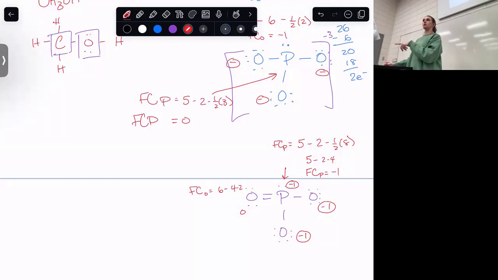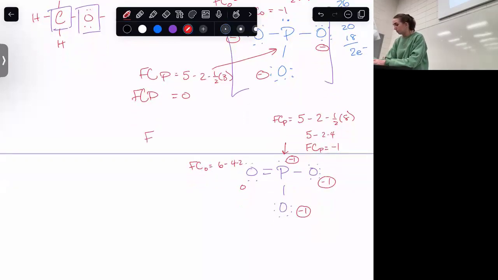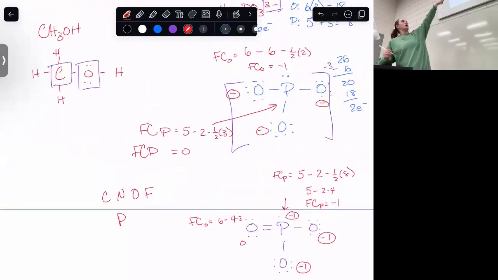What's more electronegative, the oxygen or the phosphorus? Oxygen's more electronegative because it goes fluorine, oxygen, nitrogen, carbon, and then phosphorus is down here. So it's a little bit farther away from fluorine than oxygen is. So since oxygen has 0 and phosphorus has -1, this is not following that rule where the more electronegative atom needs to have that negative charge. So that's why this top structure is better than the bottom structure.